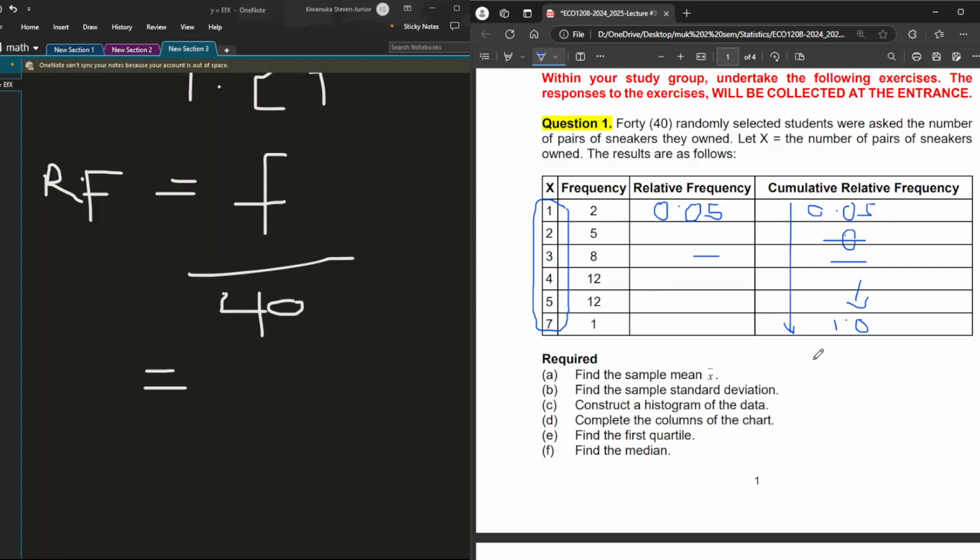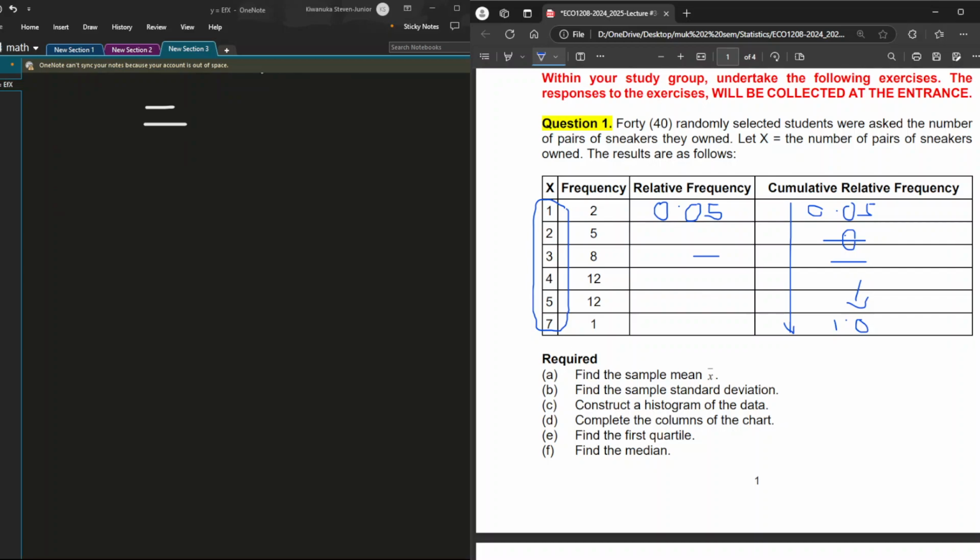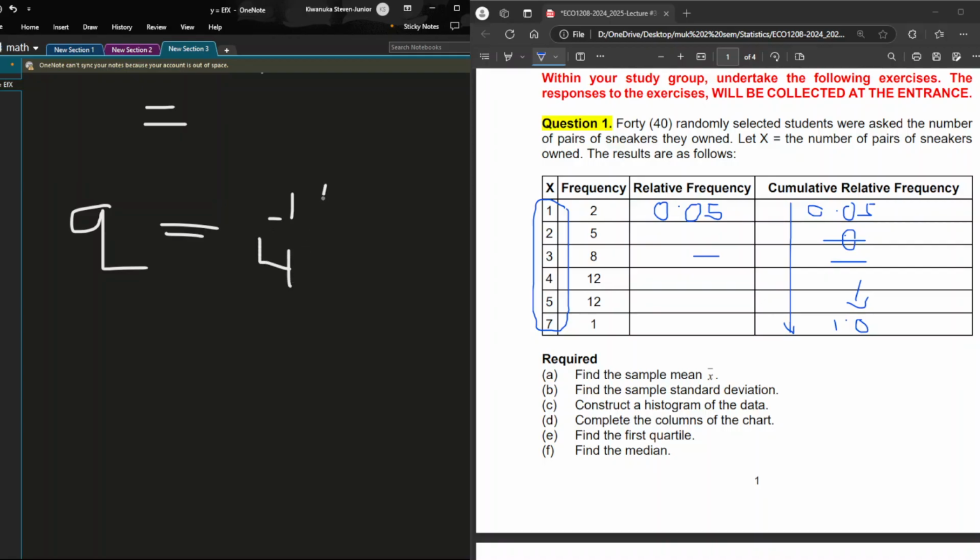Keeps on piling. Then they are telling us to find the quartiles. So just like I said, since this data is ungrouped, the quartiles also differ. We are used to the quartile equals n out of 4, right? Or like 1 out of 4 times n, that is the quartile we are used to.